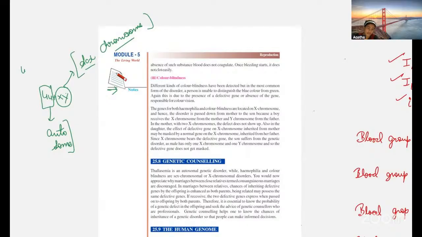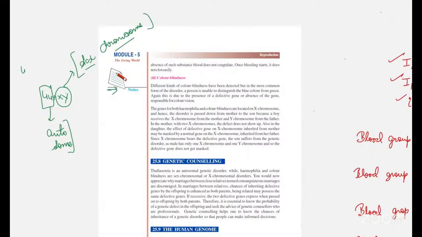In the mother with two X chromosomes, the defect does not show up. Also in the daughter, the effect of the defective gene on the X chromosome inherited from the mother may be masked by the normal gene on the X chromosome inherited from her father. Since the X chromosome bears a defective gene, the son suffers from a genetic disorder, as the male has only one X chromosome and one Y chromosome, and so the defective gene does not get masked.